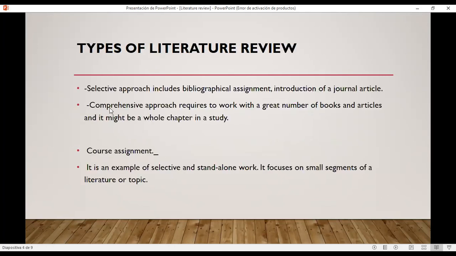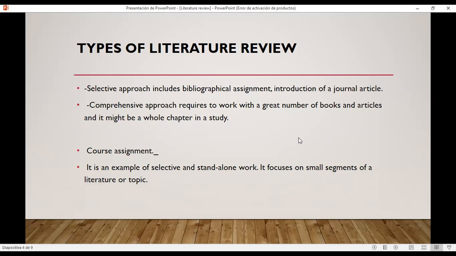Okay, so we have some types of literature review according to the objective, of course. What type of research do we want to do, and what kind of report do we want to write? It's not going to be the same if I want to develop a thesis.